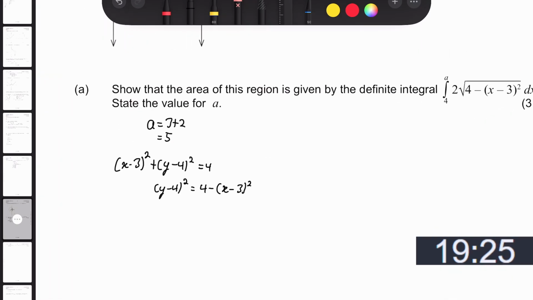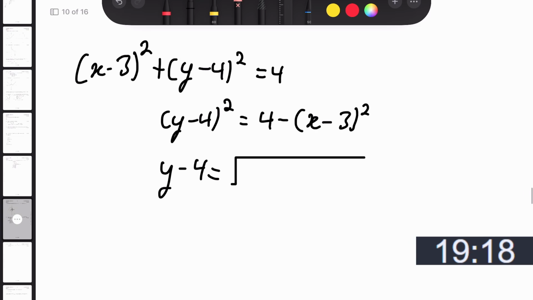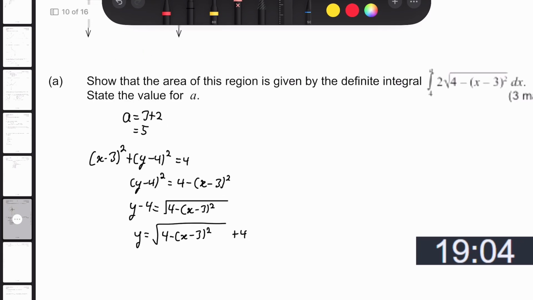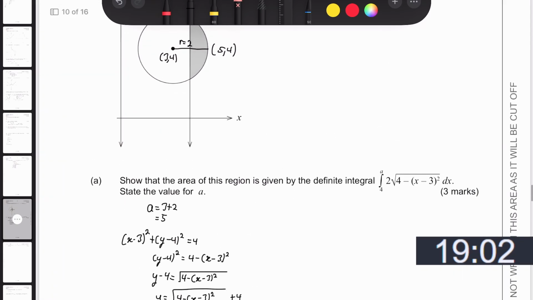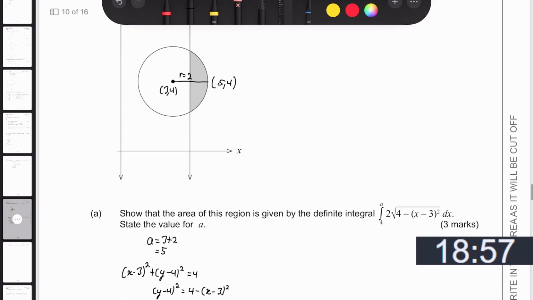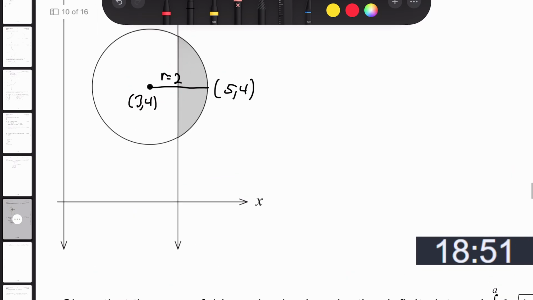Okay, so then y minus 4 is equal to the square root of 4 minus x minus 3 squared. So then y is going to be the square root of 4 minus x minus 3 squared plus 4 on the outside. And then you take away the value from this minus 4.